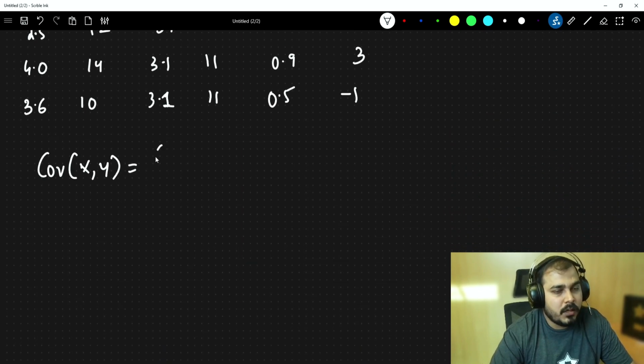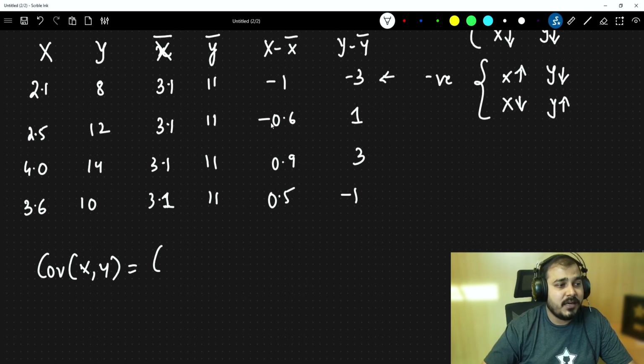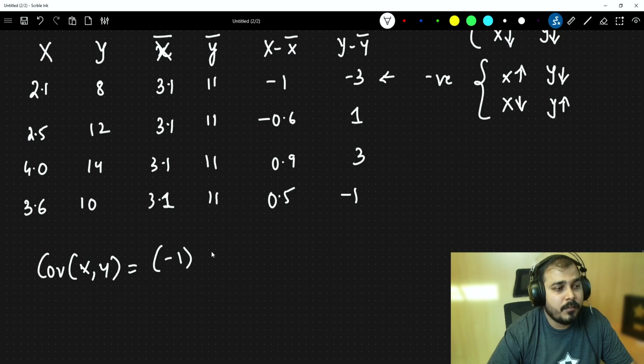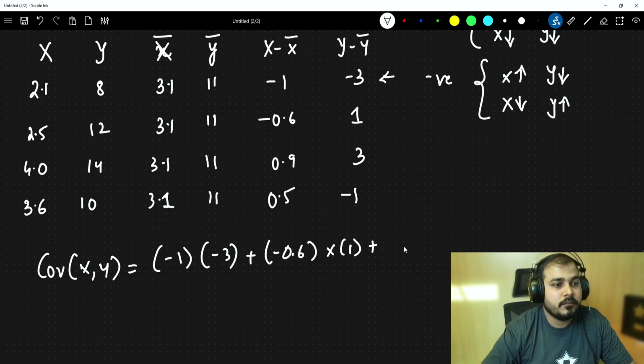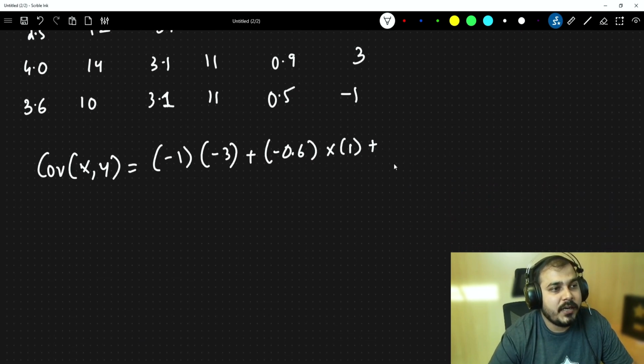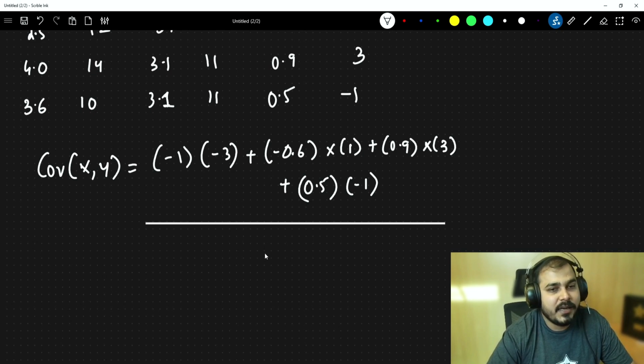So x of i minus x bar is minus 1 multiplied by minus 3, plus 0.6 multiplied by 1, plus 0.9 multiplied by 3, plus 0.5 multiplied by minus 1, divided by the entire n. n is nothing but 4.